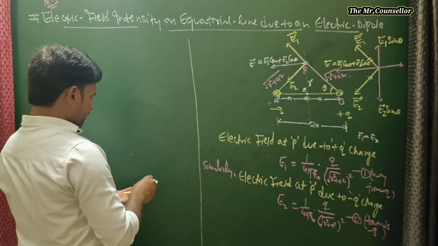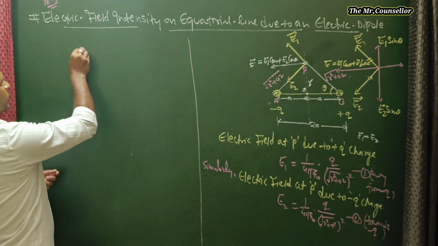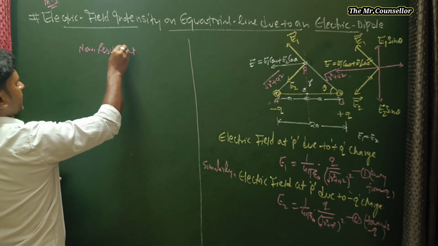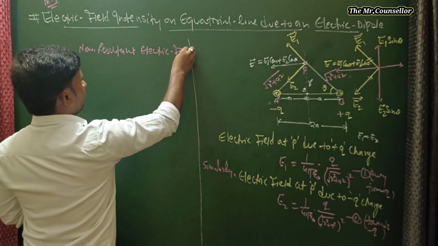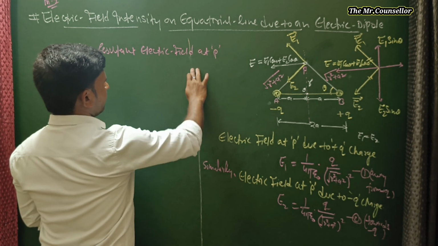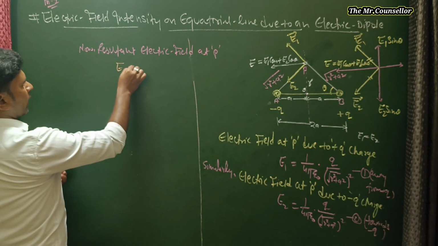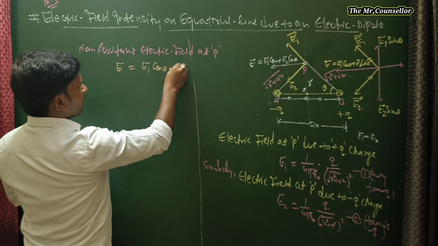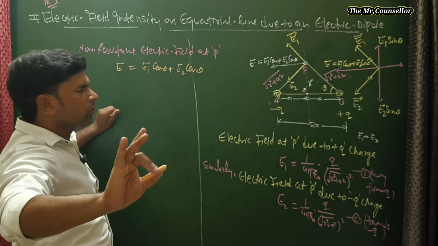After this, resultant electric field at P. So resultant electric field at P we are going to find. So now it will be according to diagram E1 cos theta plus E2 cos theta. Is it okay or not? Till here any doubt? No doubt.